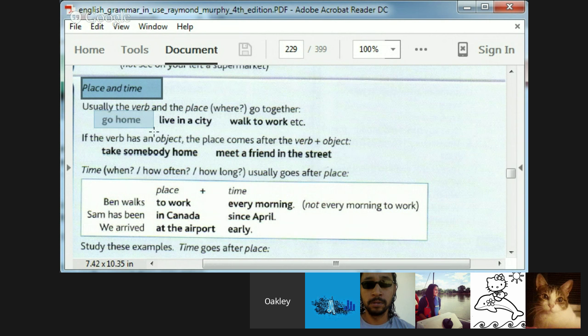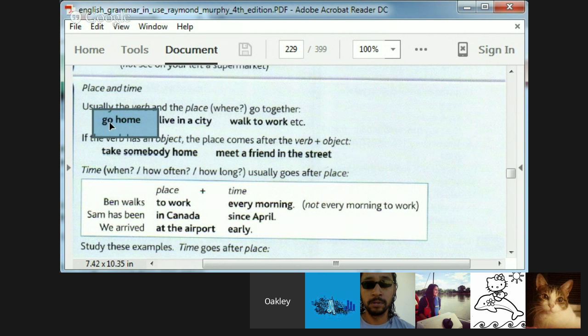Now, I know "go home" may seem a little strange. A quick word about that. You go to the mall, you go to work, you go to your grandmother's house. The only place that you don't use "to" for is home. You don't say "go to home." So this is a kind of a case where it's there, but it's not really there.